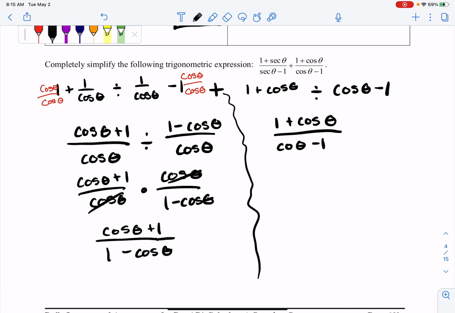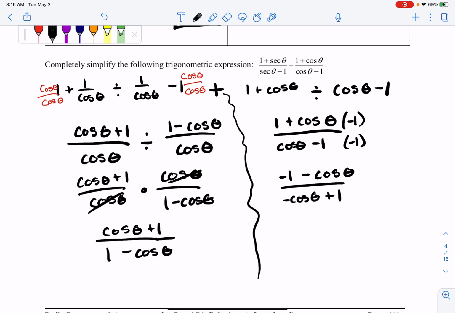What I'm suggesting is that we factor out a negative 1 and rearrange this thing so that it looks a lot more similar. So essentially, if I factor out a negative 1 or multiply by a negative 1, however you want to think about it, the top becomes negative 1 minus cosine theta. And the bottom becomes negative cosine theta plus 1.